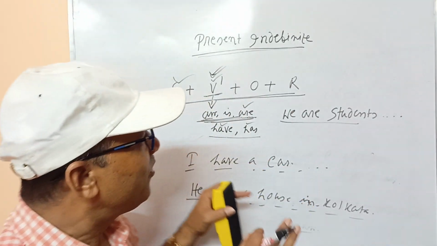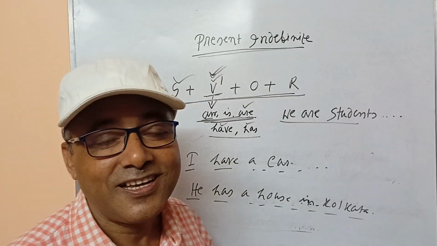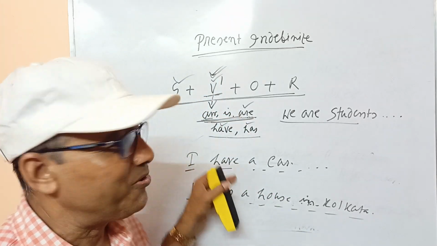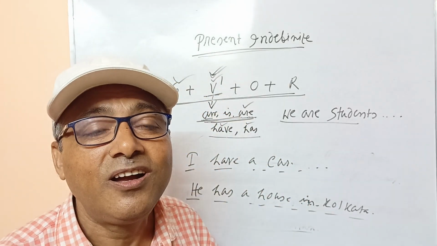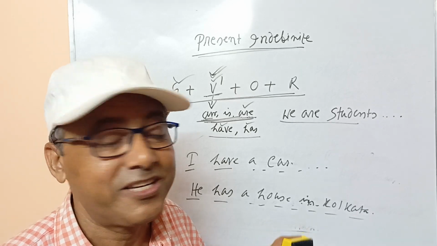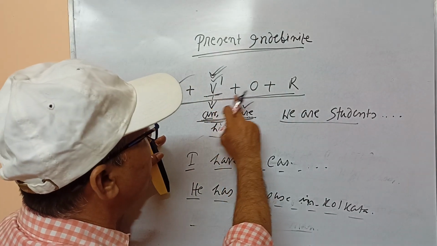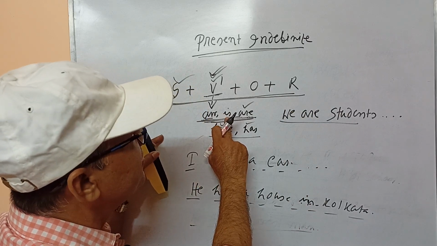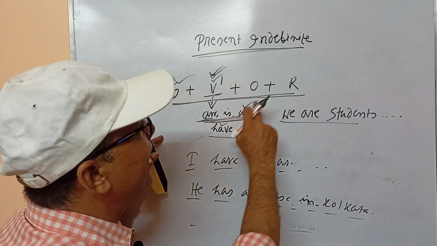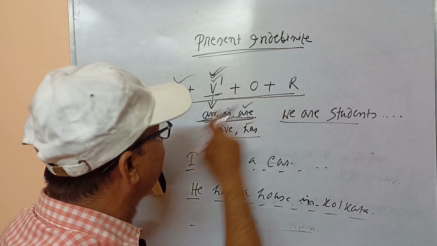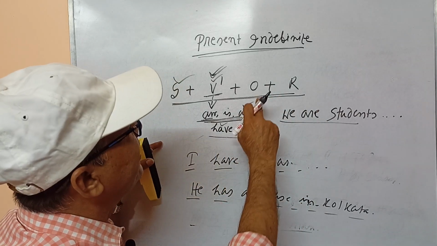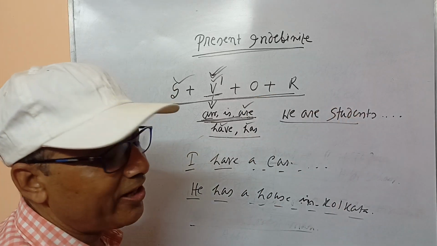But today, what I have discussed, I hope you all have understood. So it is the main formula of present indefinite tense: subject, verb one, object, and remaining, or subject, be verb of present tense, and then object and then remaining. Again, subject, have verb of present tense, and then object and remaining.